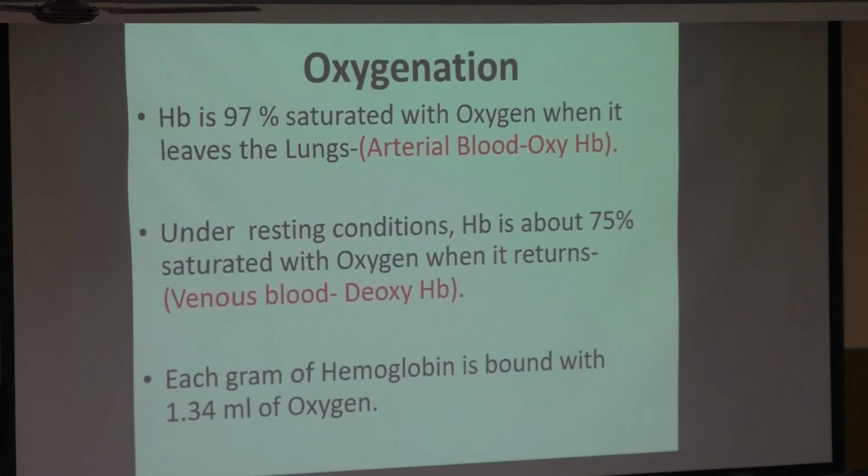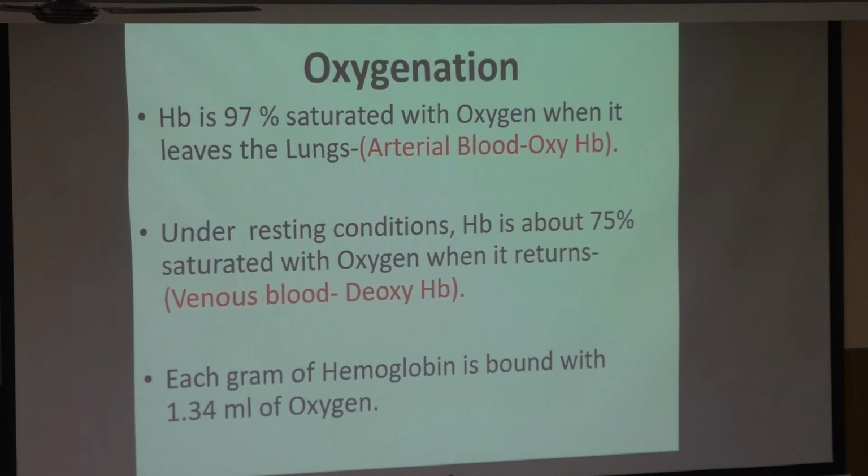Now if there is oxyhemoglobin, there will be deoxyhemoglobin also. Correct? At rest it is about 75% saturated. Each gram of hemoglobin will bind around 1.34 ml of oxygen.